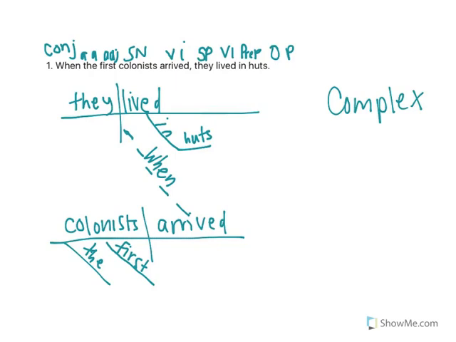The difference is just going to be that you always want to make sure your dependent clause is the one on the bottom, because that's the one that's going to be joined by this conjunction. And this conjunction is always going to be joined slanted with the dotted line from the top independent clause to the bottom dependent clause. So this is obviously a complex sentence, and it's a declarative sentence since it's making a statement. Alright, so we're going to do some more because this is just going to take a little bit of practice and getting used to.